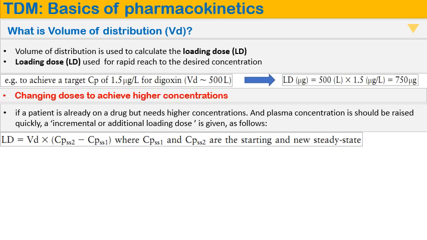This loading dose is called an incremental loading dose. This equation describes the incremental loading dose. Incremental loading dose equals the volume of distribution times the desired plasma steady state concentration 2, minus the old or first plasma concentration. Okay, incremental.